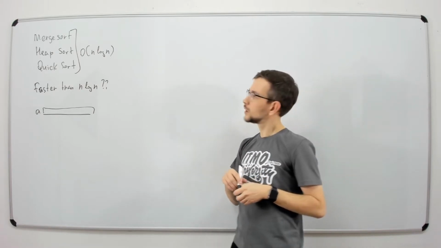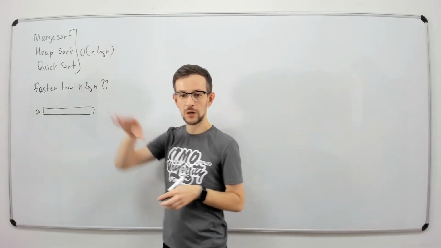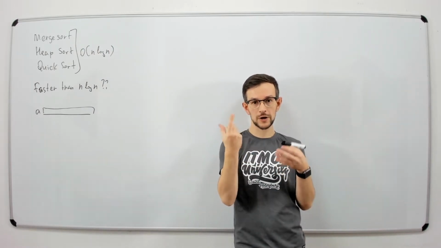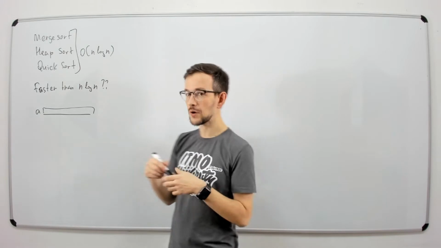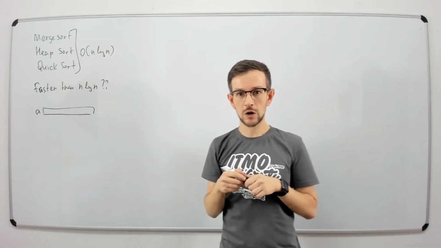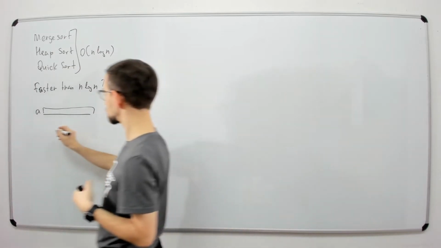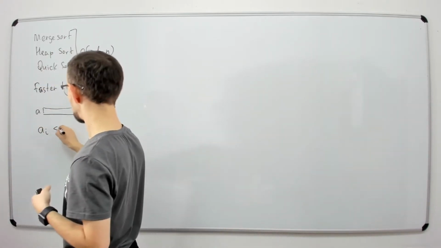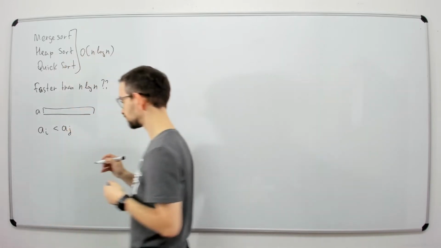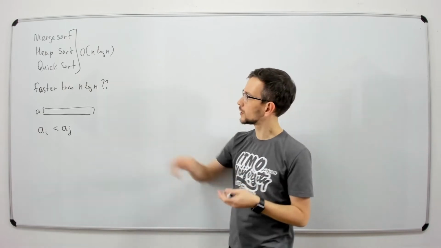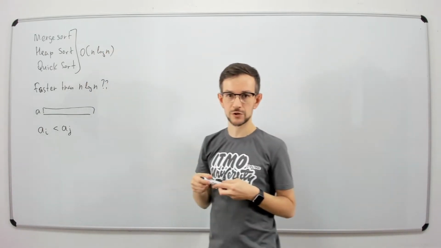And in these 3 sorting algorithms, the only operation we need is to compare 2 elements. So we need to be able to check if one element is less than another element. If we can compare 2 elements, we can make any of these sorting algorithms.